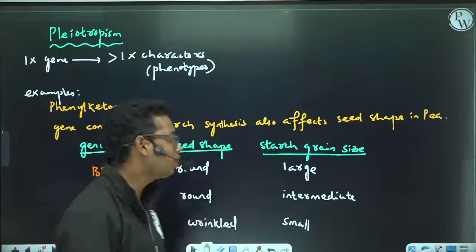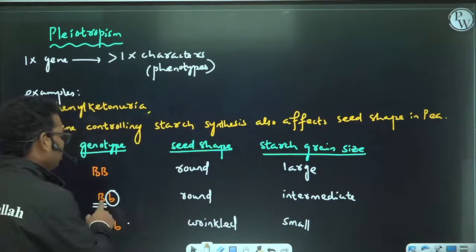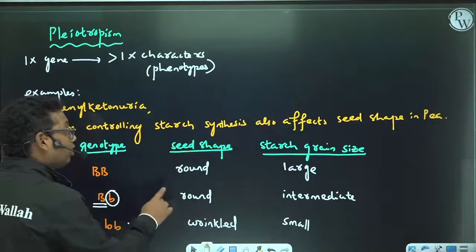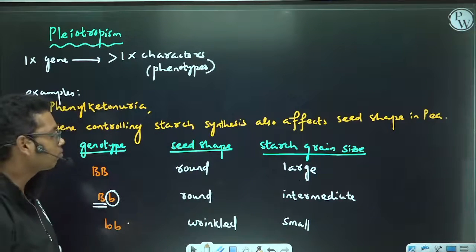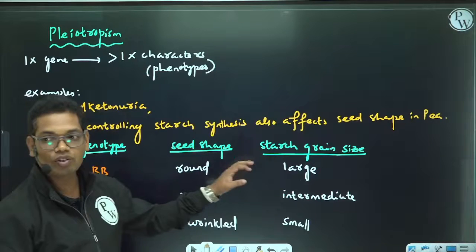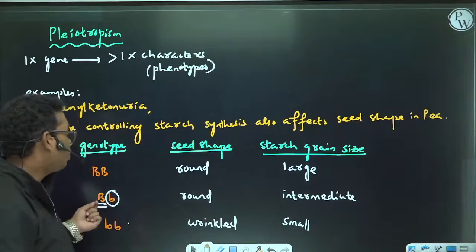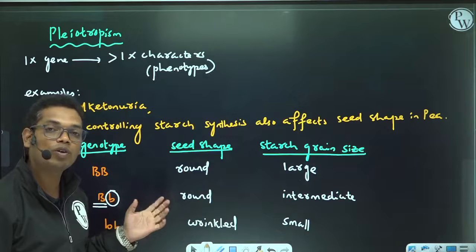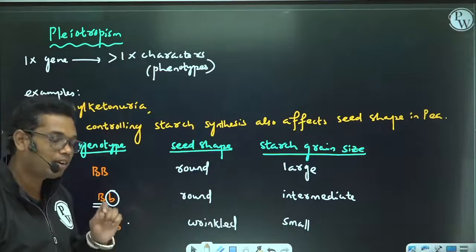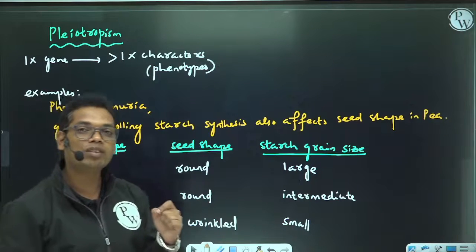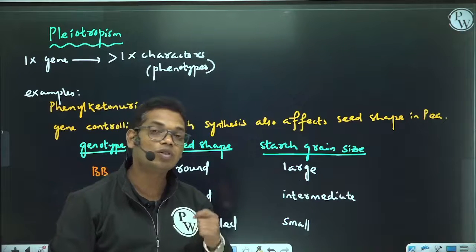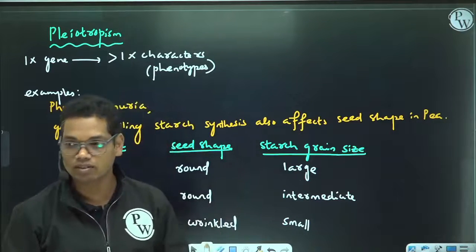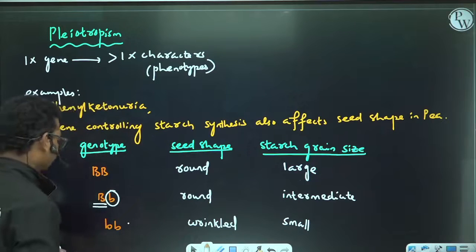For example, in this case, capital B is dominant over small b if the character I take is seed shape, and if I take starch grain size, in that case capital B is incompletely dominant over small b. So please write down that point. Dominance is not an autonomous feature of gene, rather it depends on the character we consider, the phenotype we consider.